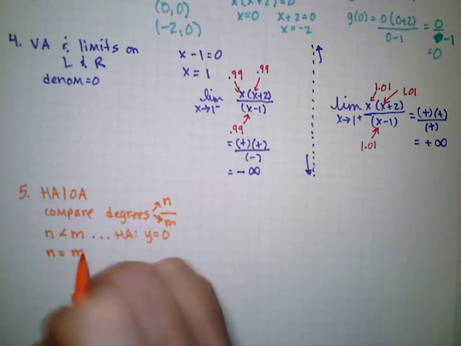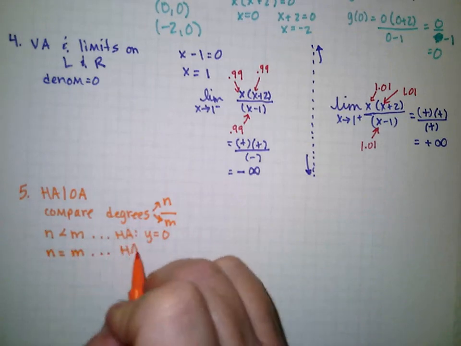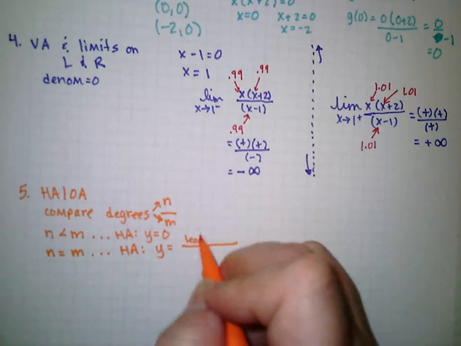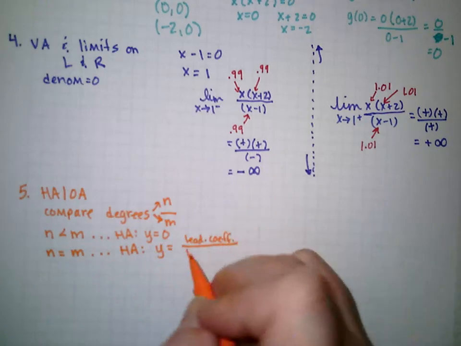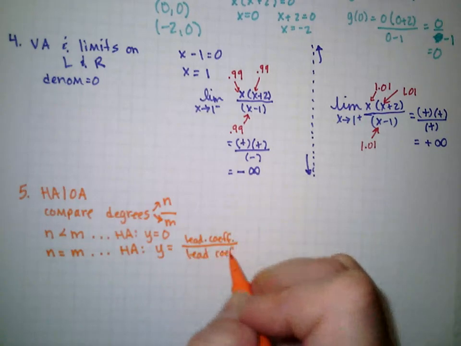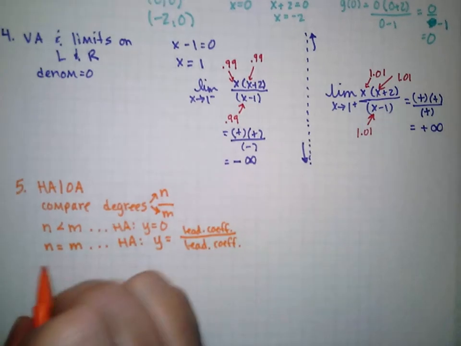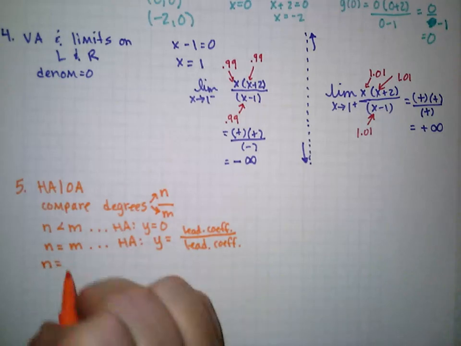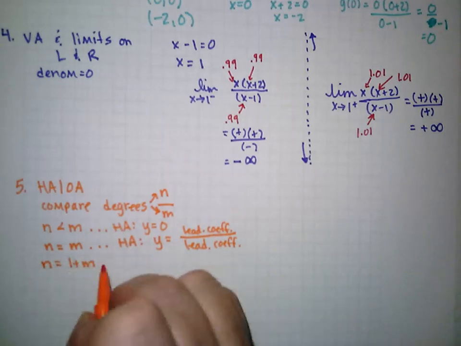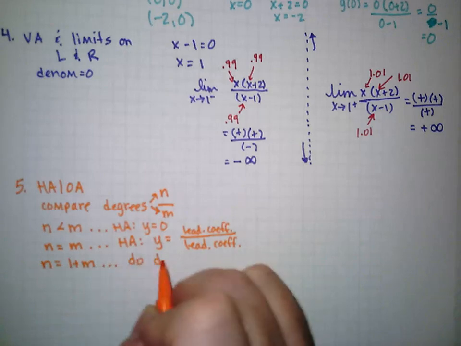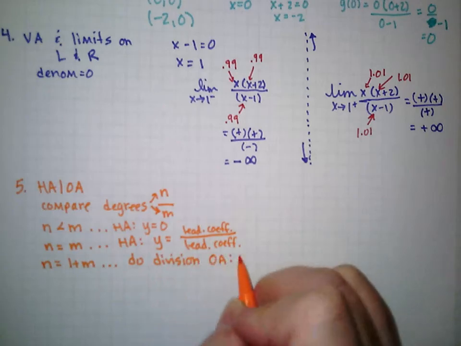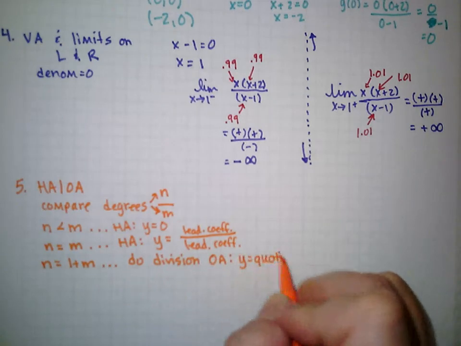If the degree of the numerator is equal to the degree of the denominator, we have a horizontal asymptote at y equals the leading coefficient of the numerator divided by the leading coefficient of the denominator. If the degree of the numerator is 1 higher than the degree of the denominator, then we need to do long division, and we're going to have an oblique asymptote at y equals the quotient that we get.